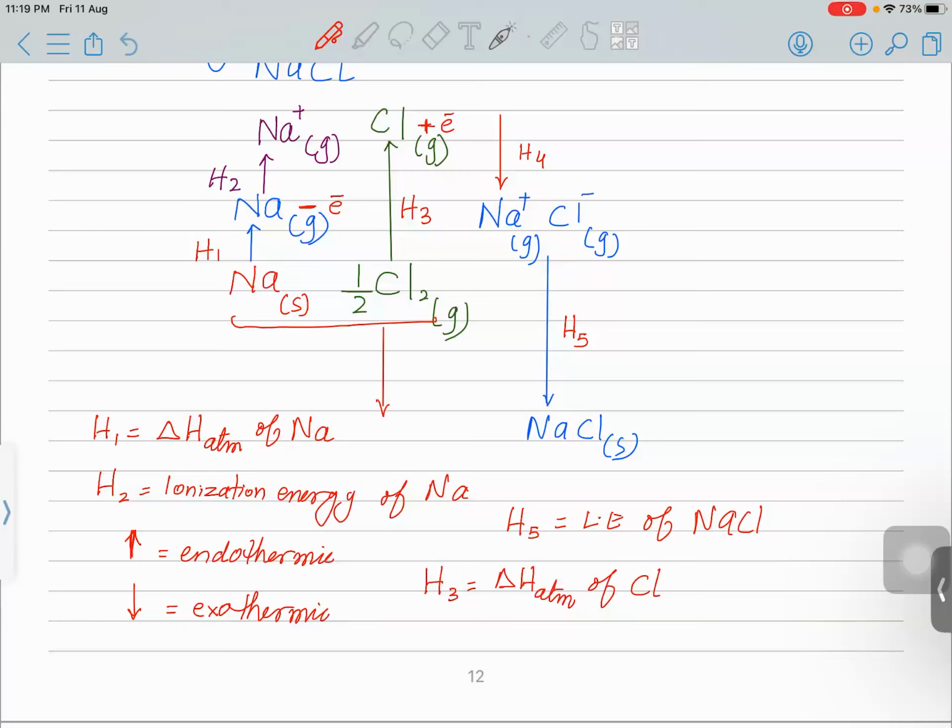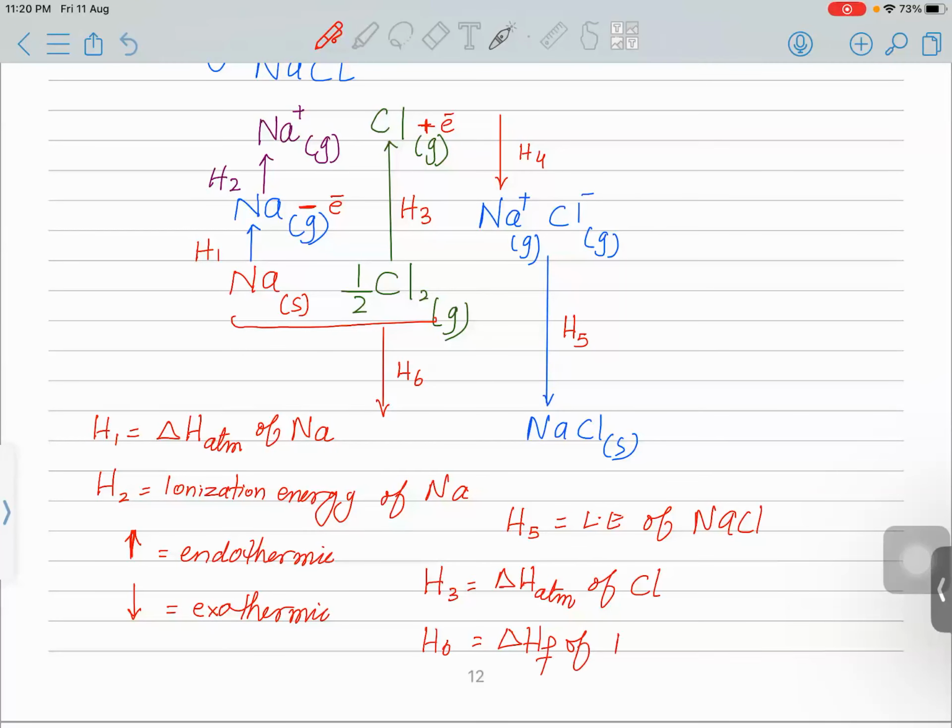This is called formation. This is H6, formation. This energy is always formation because NaCl is formed from elements which are in their standard condition. Sodium is solid, chlorine gas.